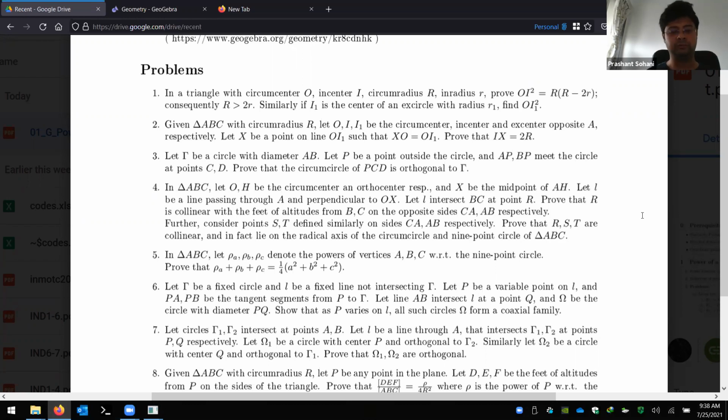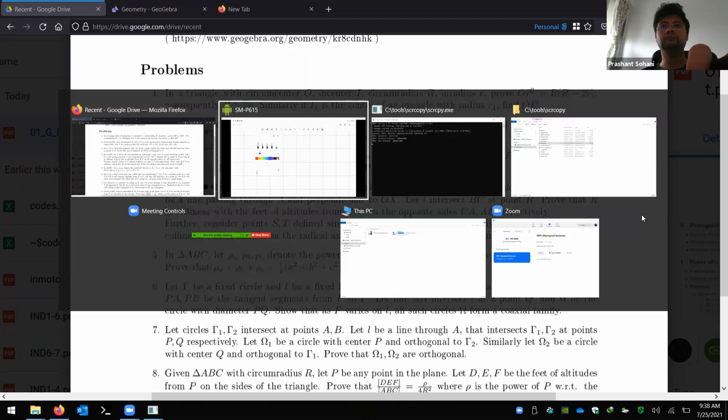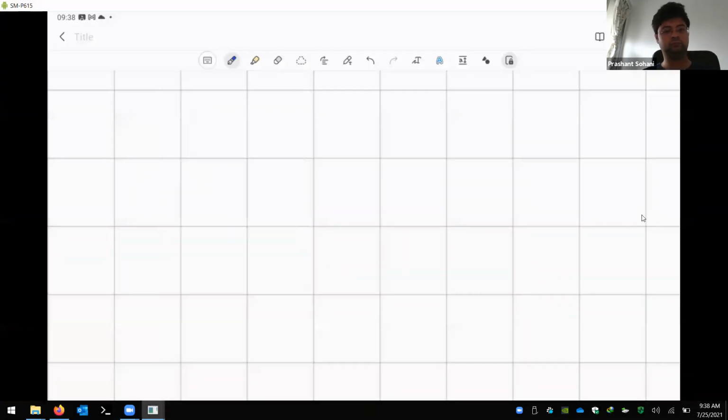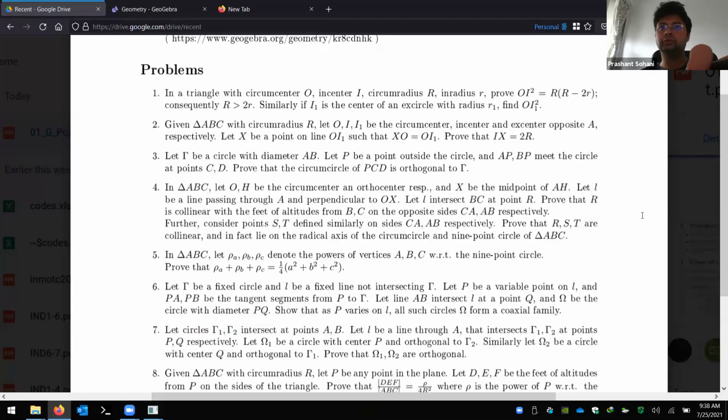Okay, question 4. So what all is given? The standard orthocenter, circumcenter.